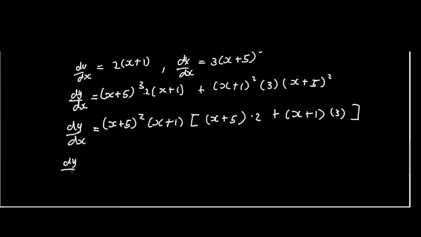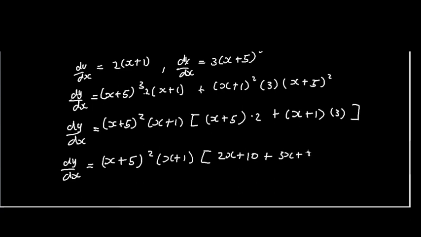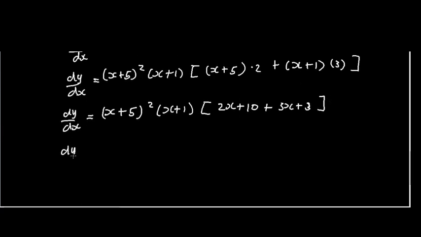Then we shall have dy/dx being equal to (x plus 5) squared into (x plus 1), like that. And this one here, we shall have 2x plus 10 plus 3x plus 3, right? And then after that, we shall finally get dy/dx being equal to (x plus 5) power 2, then (x plus 1), and this one here, we have 2x plus 3x, 5x, plus 13.